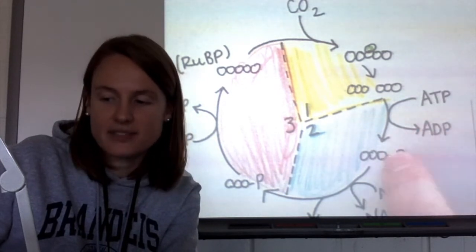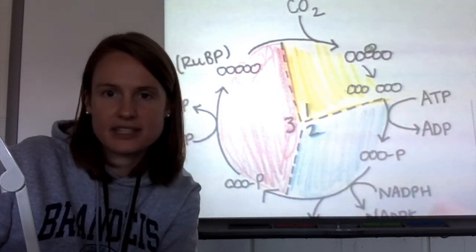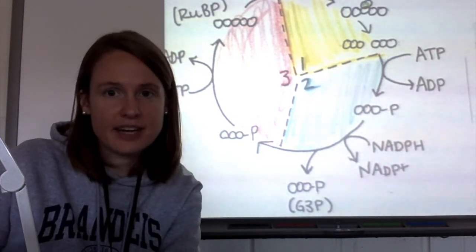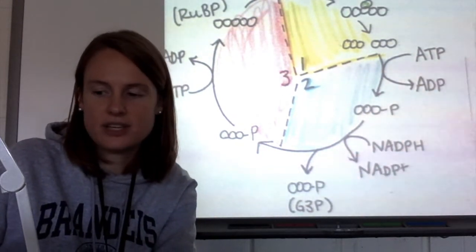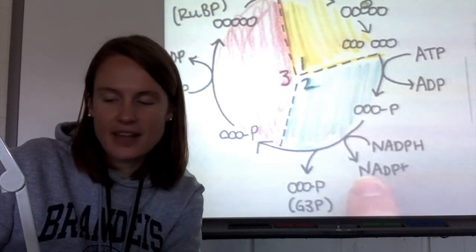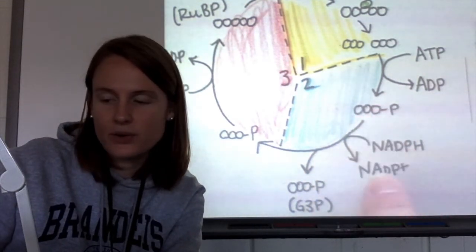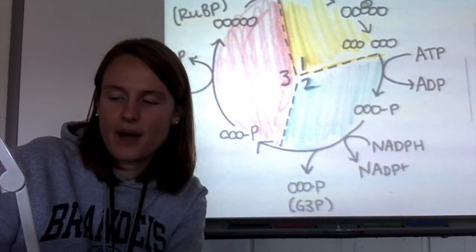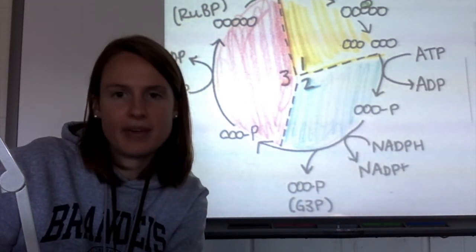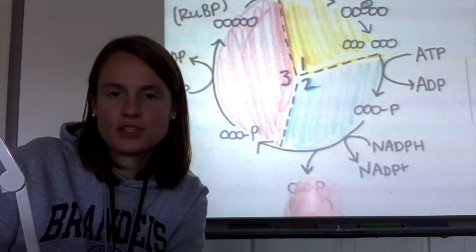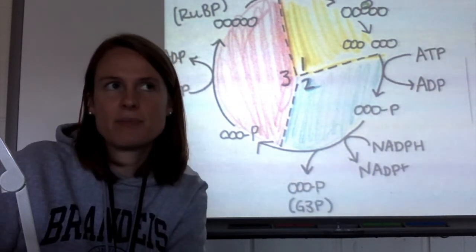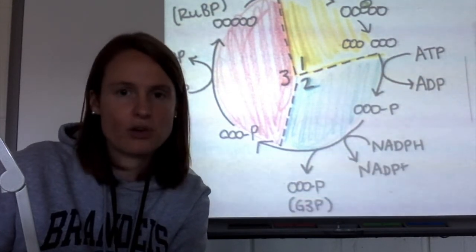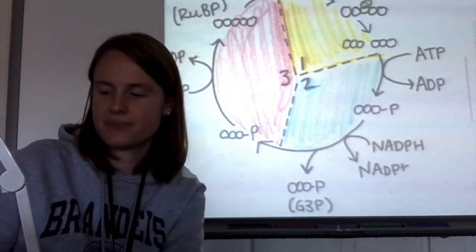It's because that phosphate was added to that 3-carbon chain instead. Also NADPH, which has electrons, right? You know that from the light reaction. It releases its electrons, gives them to this molecule, and becomes NADP+, creating this molecule called G3P, which has 3 carbons. So if we think about it, glucose has 6 carbons, so we're going to need 2 of those to make a glucose molecule. Okay, keep that in mind.